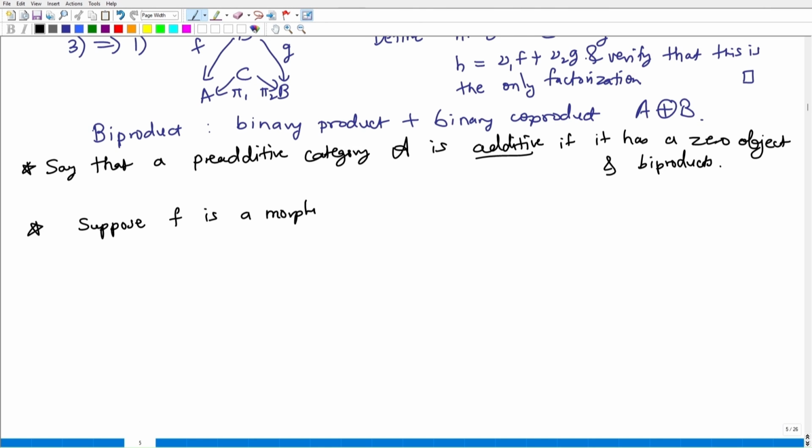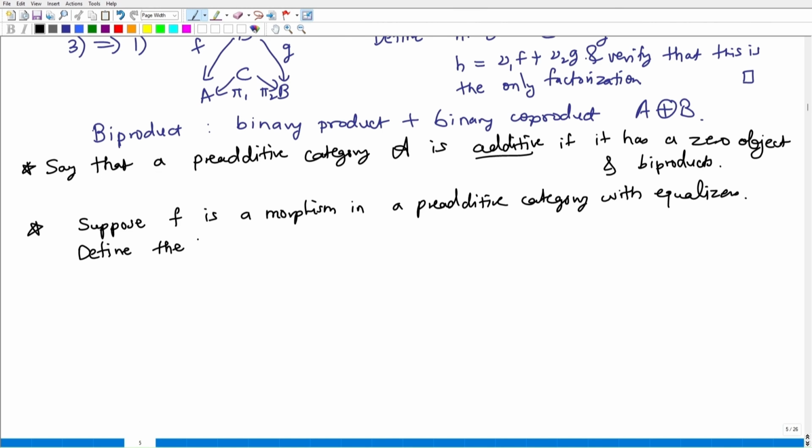I don't really need it to be an additive category, a pre-additive category with equalizers will do. Define the kernel of f to be the equalizer of f and 0.